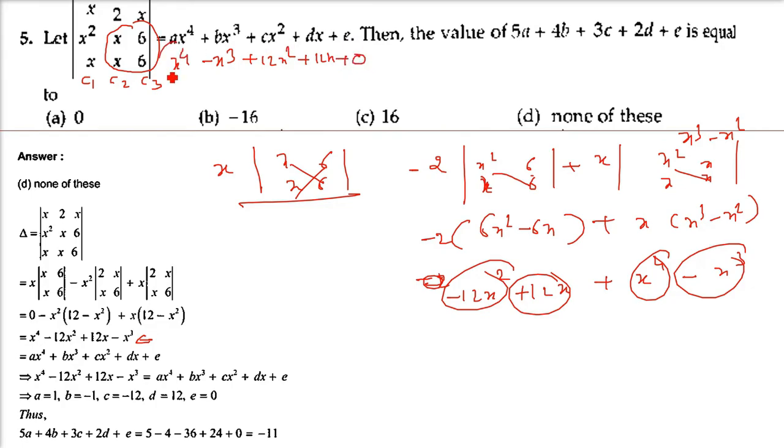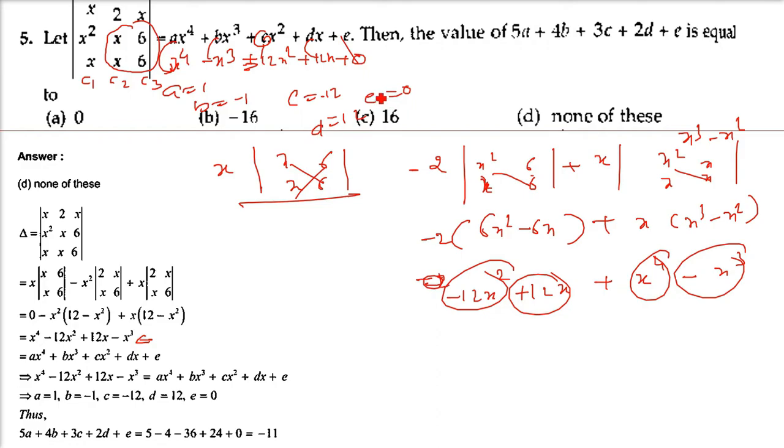So A is 1, the coefficient is 1. B is minus 1 and C is minus 12, because it is minus 12 here. So C is negative 12, D is equal to 12 and E is of course 0.